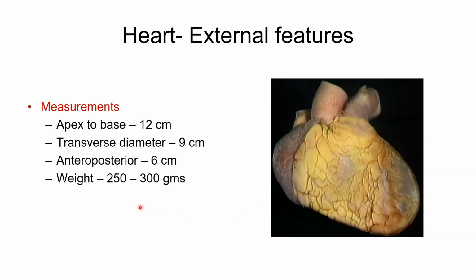The weight of the heart is about 250 to 300 grams, and it is more in males. In this specimen, you can see the epicardial pad of fat. Then this is the right auricle, the ascending aorta, pulmonary trunk, and superior vena cava you are seeing.